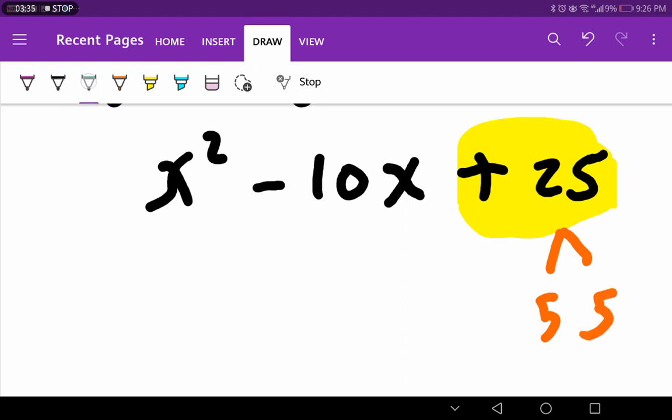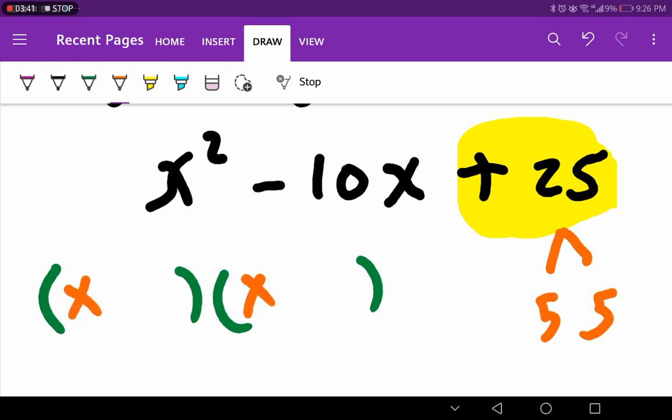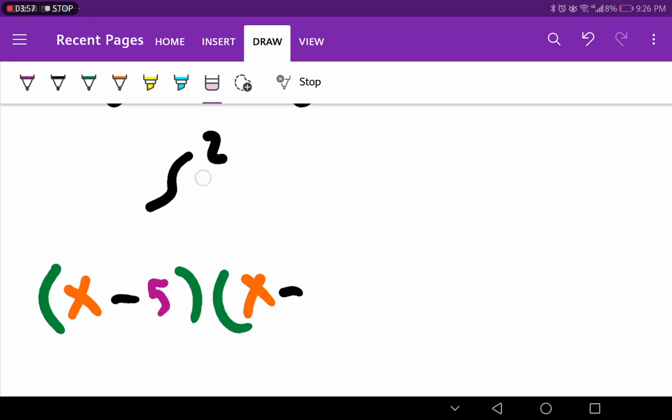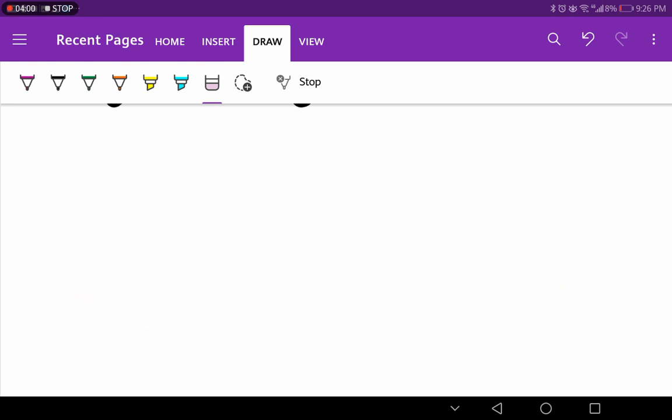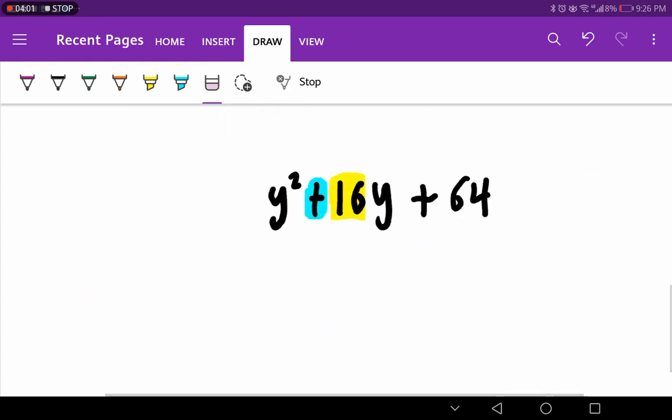So the answer is, I will draw like this and put x here and x here, and because the middle term is negative, I need negative and negative, and draw the 5 and the 5. Is it good? It is easy, yes? Good. Let us move to the second question here.